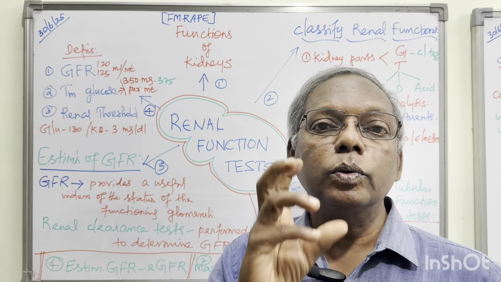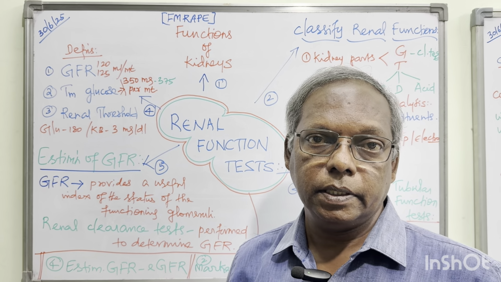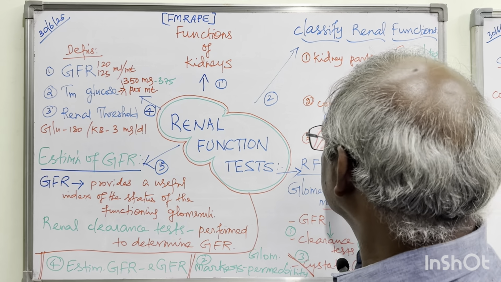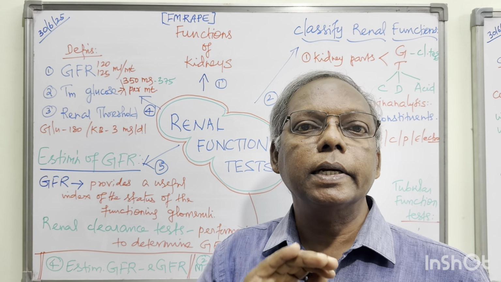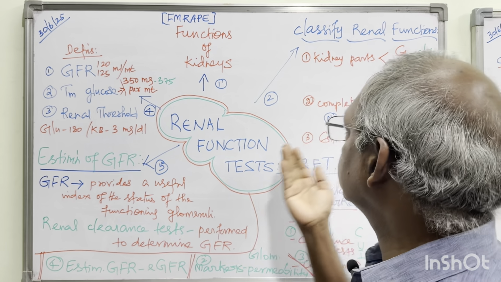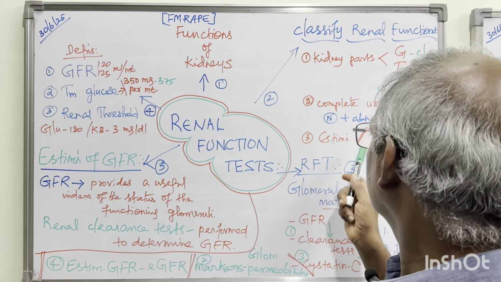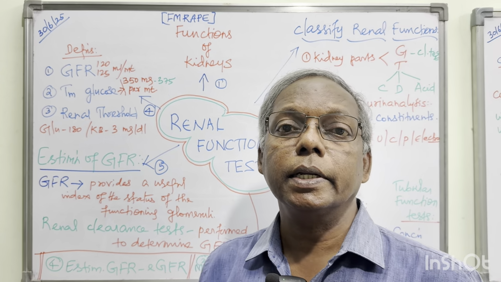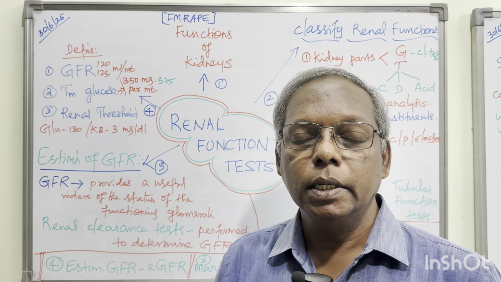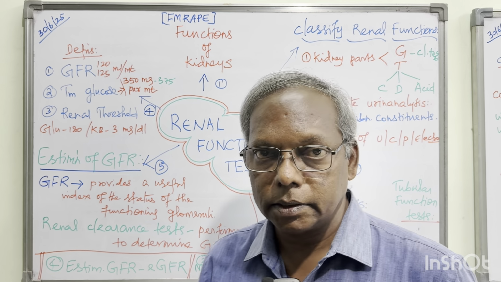Second one is, how will you classify renal function tests? I am giving just three subtitles. One is regarding the kidney parts, another one is the complete urine analysis, and the third one is estimation of urea, creatinine, protein and electrolytes. These three are the main titles.